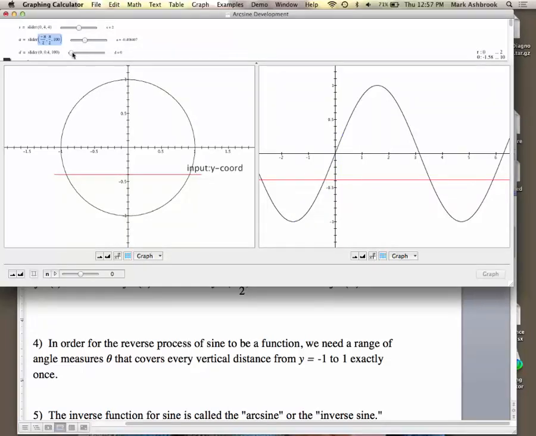So here, watch it, ready? We're just going to look at the right half of the circle and look at the range from -pi/2 to pi/2. And we'll just pick whatever angle we get in between those to be our output for that corresponding input of a y-coordinate. So we have to be good with negative angles, right? If I pick a negative y-coordinate down here, the result of sine inverse will be a negative angle, right?